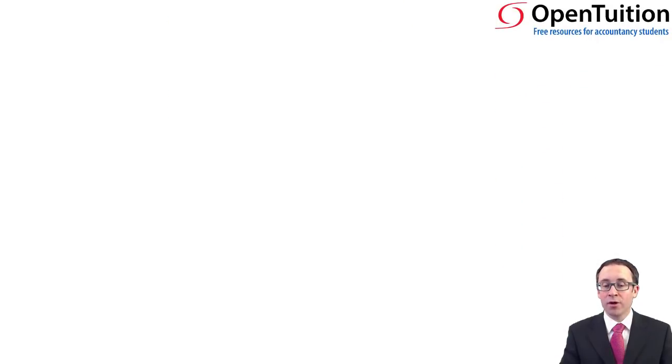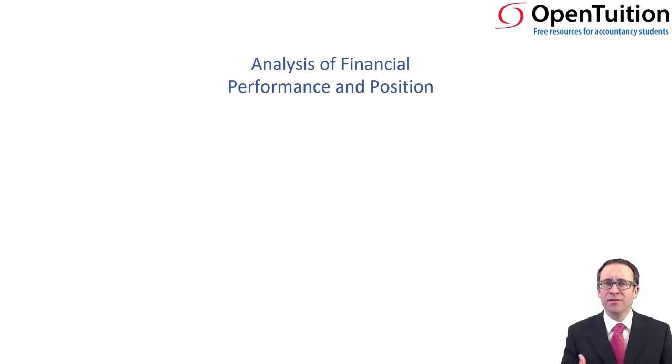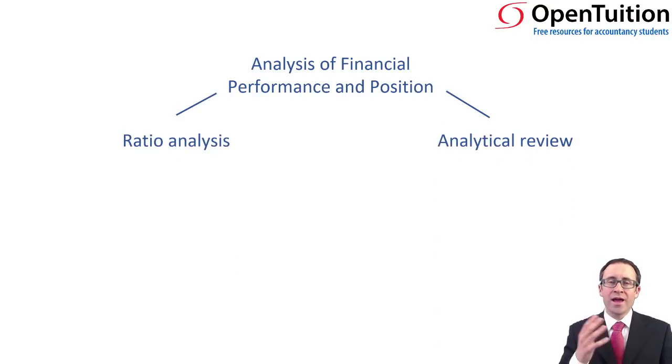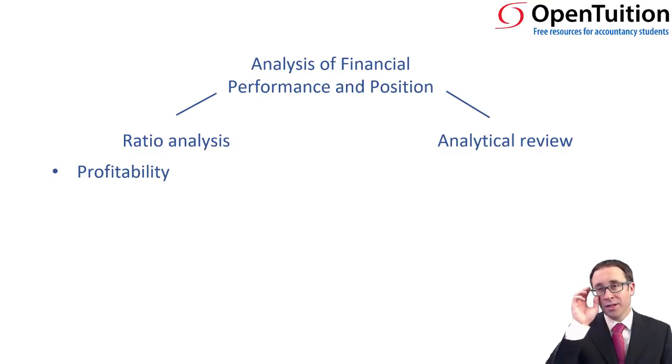So what have we got? Well, it's effectively split out into two separate sections. You've got the analytical review, and then that analytical review is supported by the ratio analysis. The ratio analysis is working out figures, numbers, ratios that link to different areas within the financial statements. Many of these you'll have seen already within your financial accounting paper.